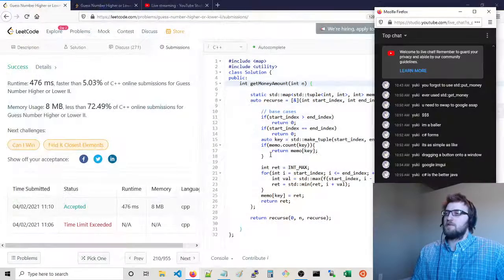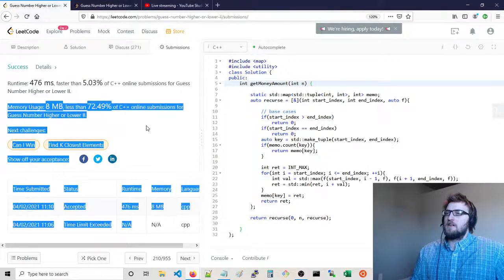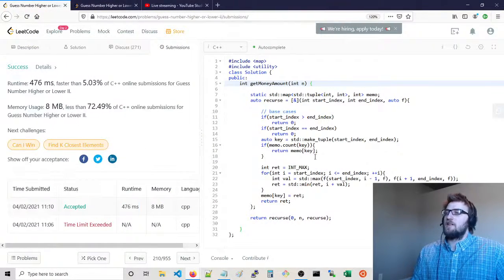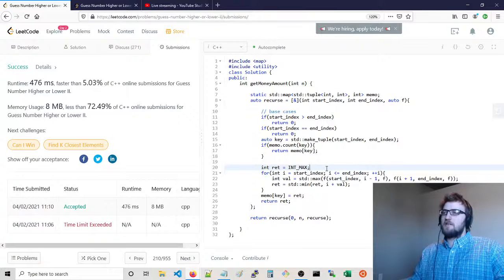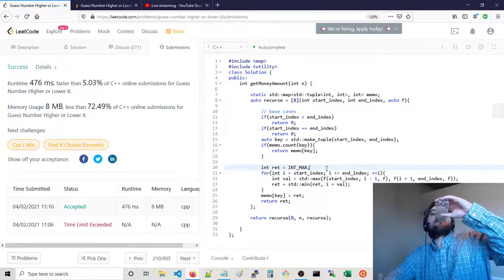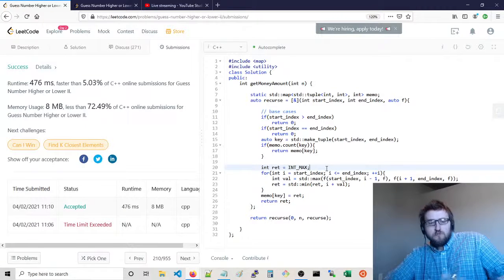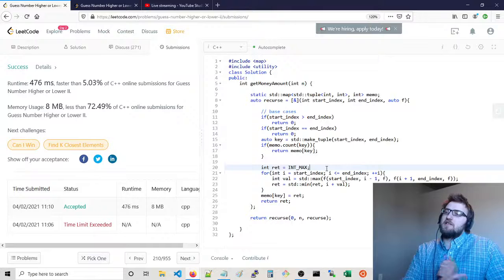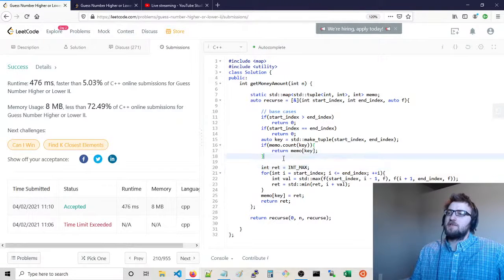Or cubic, rather. I didn't really think about that. I don't actually know what the runtime analysis for this is. I didn't really do it.